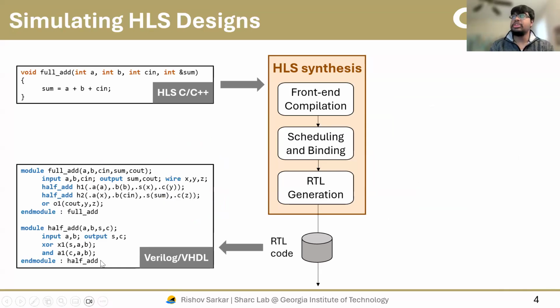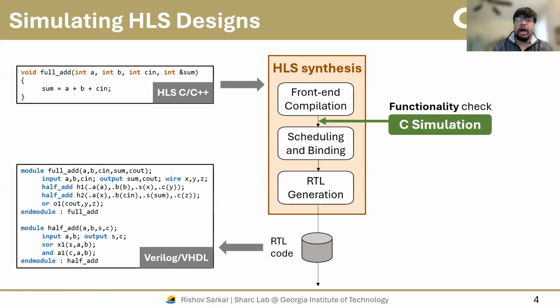There are three ways that you can get some sort of simulation or information about the performance and correctness of your HLS design. The first, of course, is just C simulation, where you compile the C code and make sure that it runs. If it gives you the correct result, then you have some confidence that your design is correct. And if it doesn't, you can go and debug that. But it only gives you a functionality check.